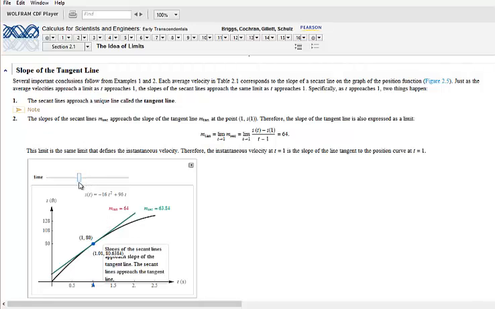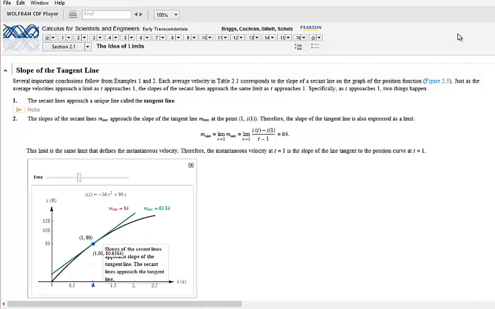And the tangent line means that the line doesn't hit your curve in 2 places, but it hits it in 1 place, and it is a unique line, meaning that there's only one of them that would be able to do this. And it is that slope of the tangent line that we are concerned with in our calculus course. We'll be talking about the slope of the tangent line over and over again.